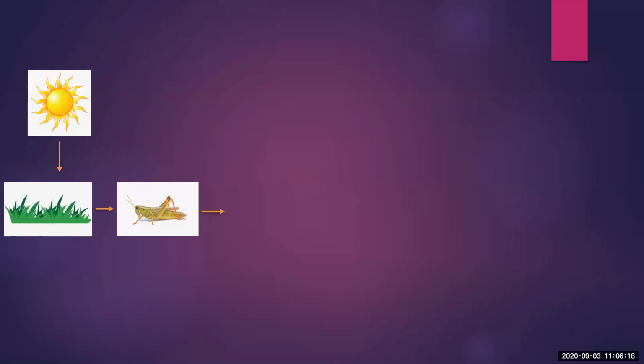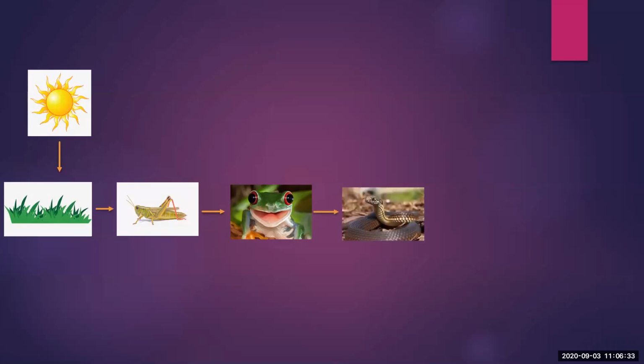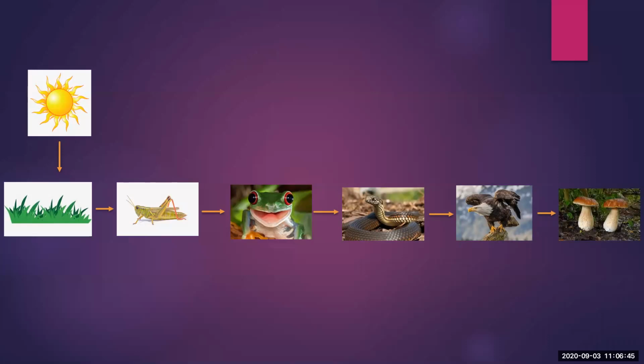Then this grasshopper is eaten up by the carnivores, that is frog. So this frog will eat the grasshopper and energy will pass on to the frog. Then this frog will be eaten up by the snake. Then snake is eaten up by the eagle, and the eagle is the topmost consumer, which is then decomposed by the saprophytes.